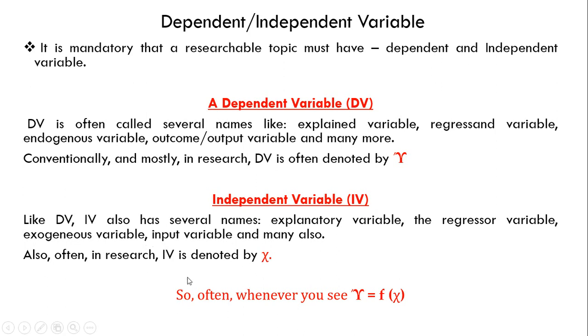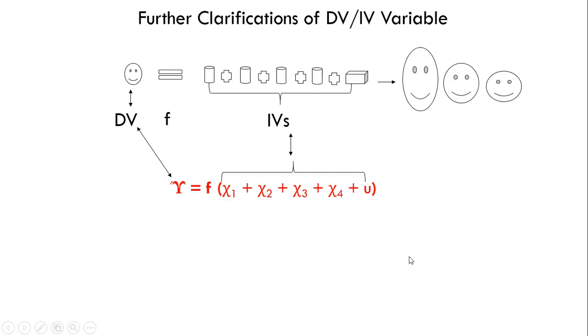And in most research textbooks globally, an independent variable is often denoted by the symbol X. So wherever you see Y equals f of X, it means that Y is a dependent variable, a function of X.